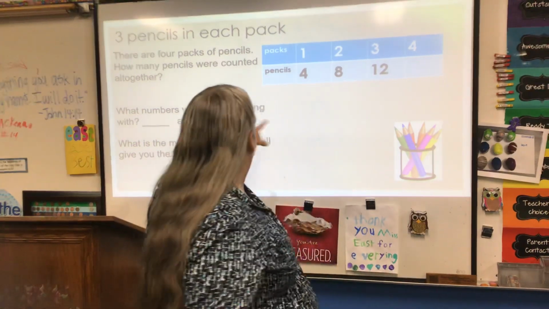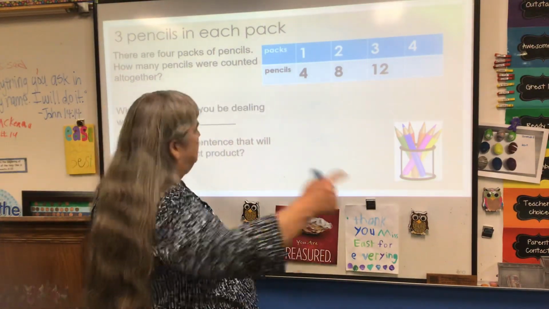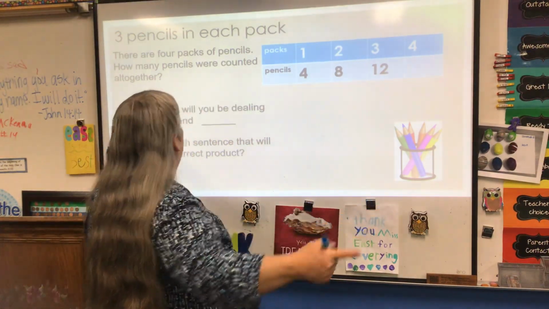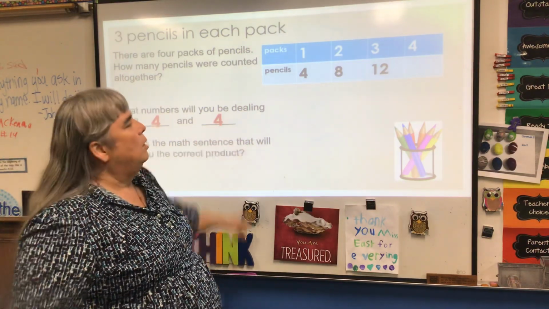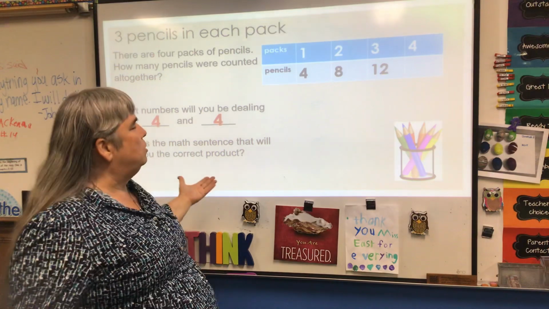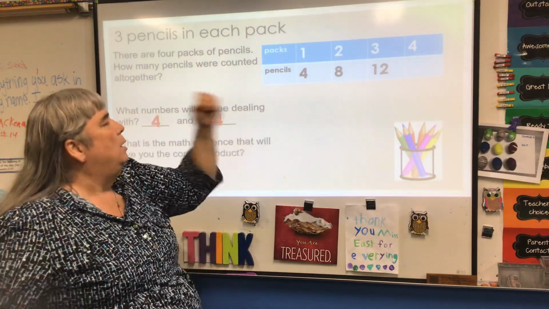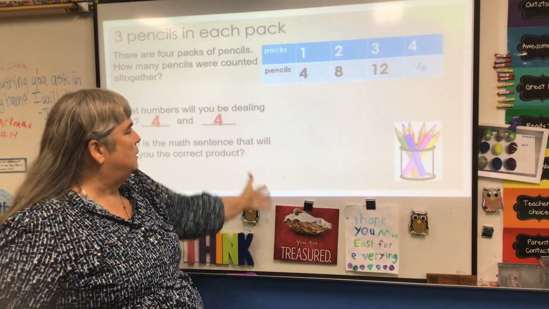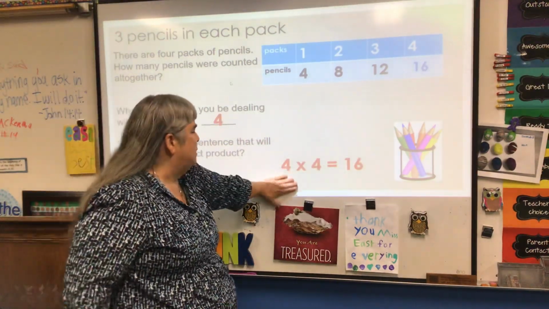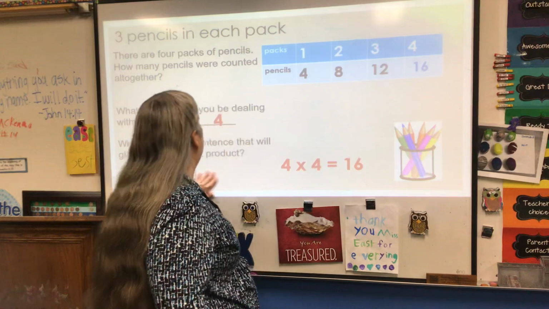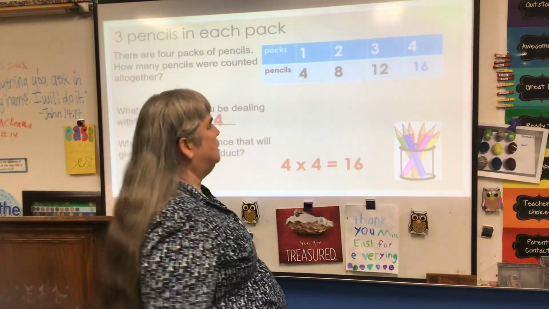So what numbers will you be dealing with? Let's see if it comes up. 4 and 4. So if you multiply those two, 4 times 4, your answer should be 16. And there's your math sentence that you write on your test. 4 times 4 equals 16.